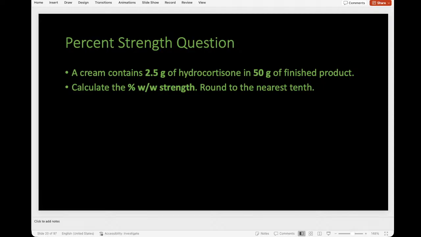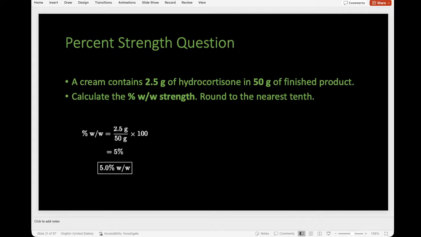So you would divide the 2.5 grams by the 50 grams in this case, and then multiply it by 100, and that will give you the amount here. So 5.0% would be your answer, weight over weight.